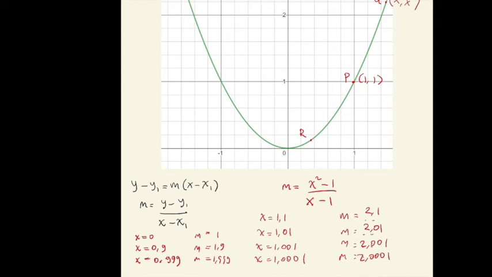So limit is not exactly the point, but it is your conclusion when you are getting closer to something. Like you want to reach something but you cannot reach it, but you know it's a really, really small gap.